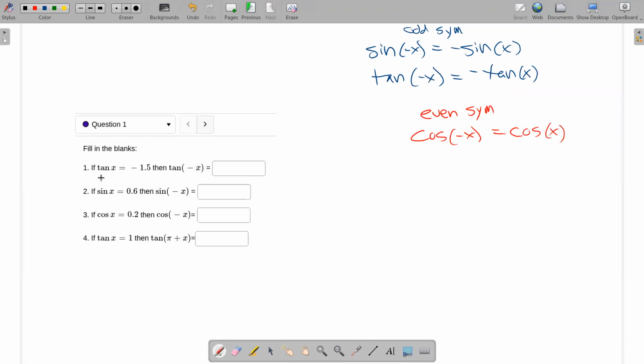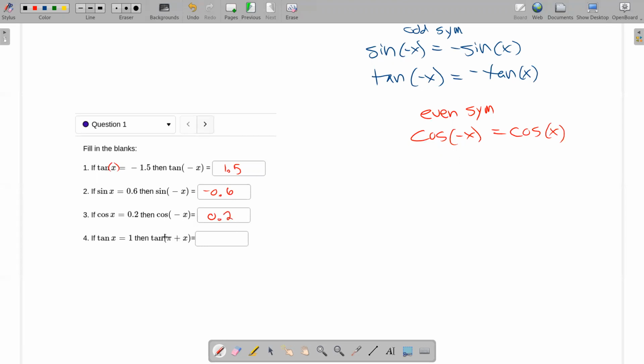So with this first one right here, they say the cosine of x, and they really should have parentheses there, is -1.5. What would the cosine of negative x be? Well, the negative would change the sign on the outside, so it should be 1.5 because of its odd symmetry nature. The sine of x is 0.6, so the sine of negative x should flip the sign. That should be -0.6. Cosine is even, doesn't matter if you plug in a negative or not, it's still going to be 0.2.